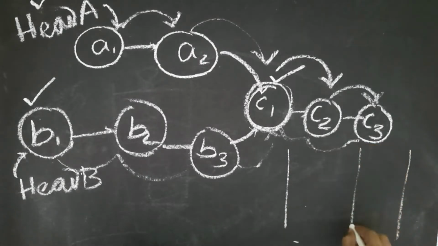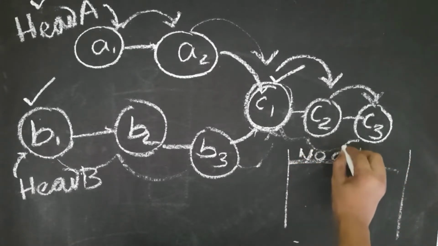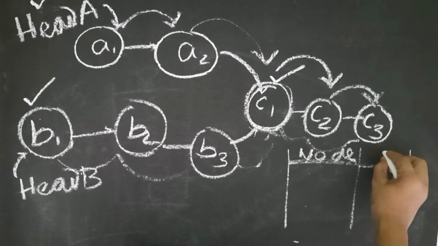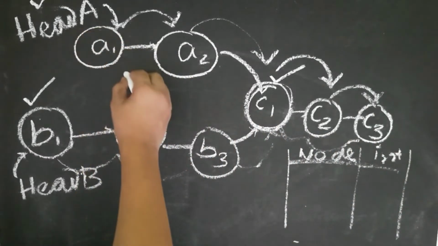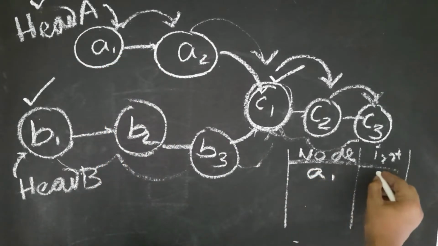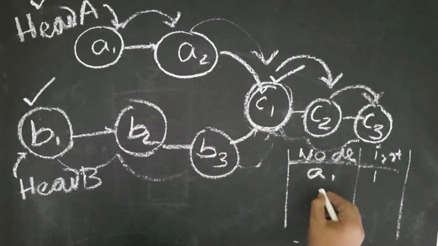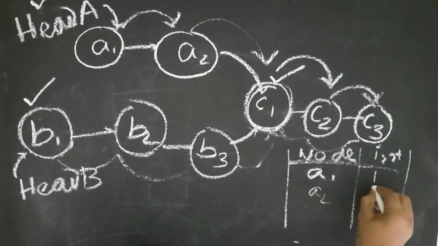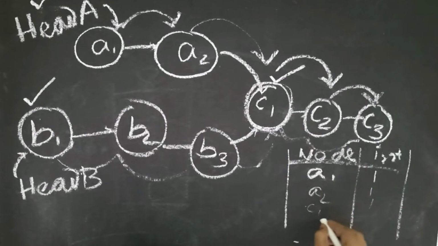This is what would happen for this case. We are going to have a map of node and integer. While iterating through head A, we are going to store integer 1 for A1, for A2 we will store 1, for C1 we will store 1, for C2 we will store 1, and for C3 we are also going to store 1.